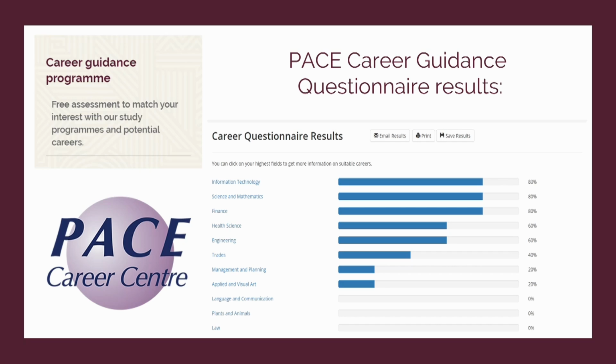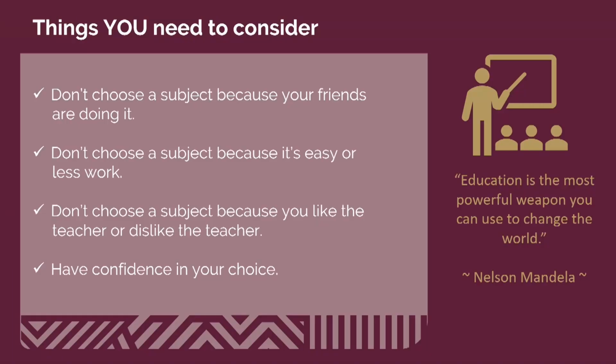If your strong field is finance, what can you do with finance? Which programs do we offer? Finance-related programs that we offer, all right? So you need to play around, all right? And then again, if you scroll down to the bottom, maybe there's a field where you score 20%, and there you know that you need to run away. That's something that you need to run away from, okay?